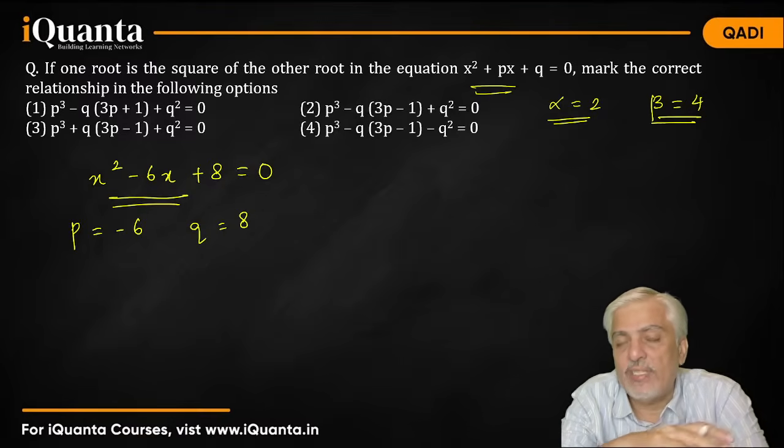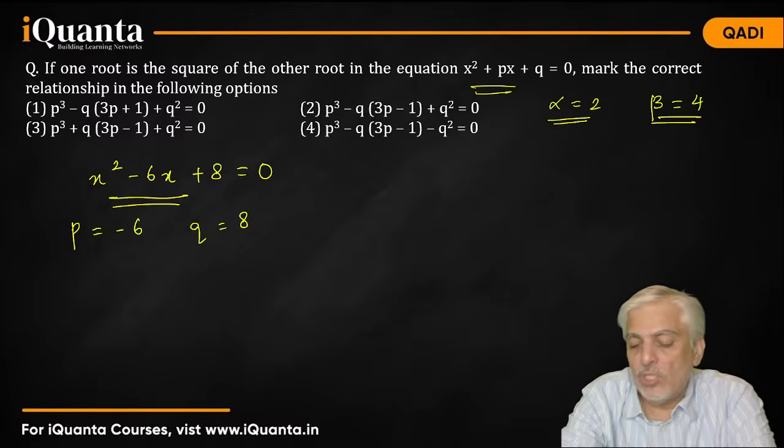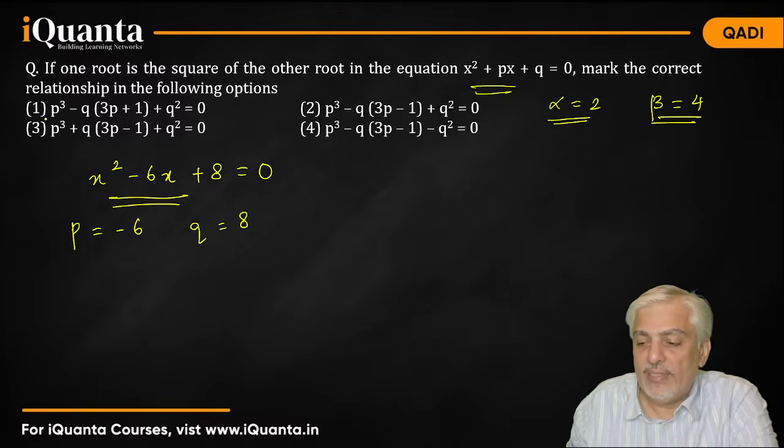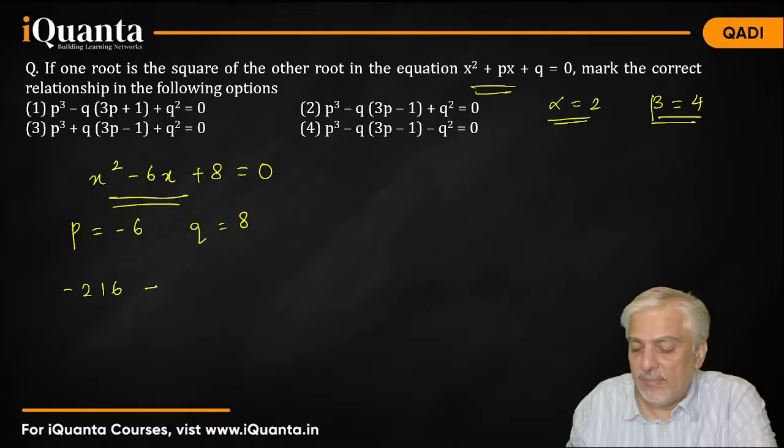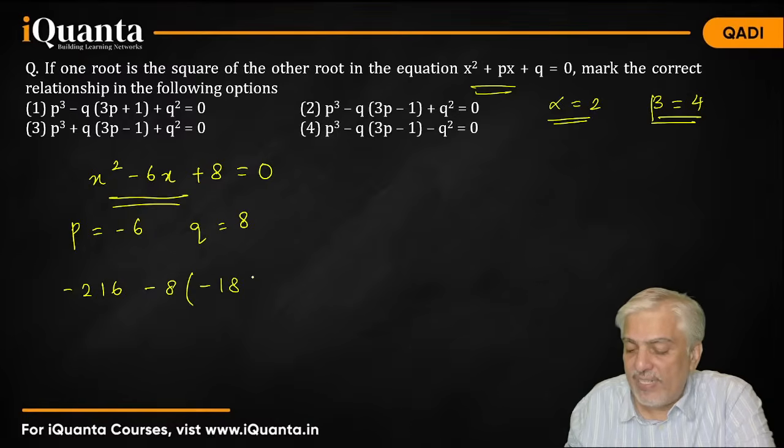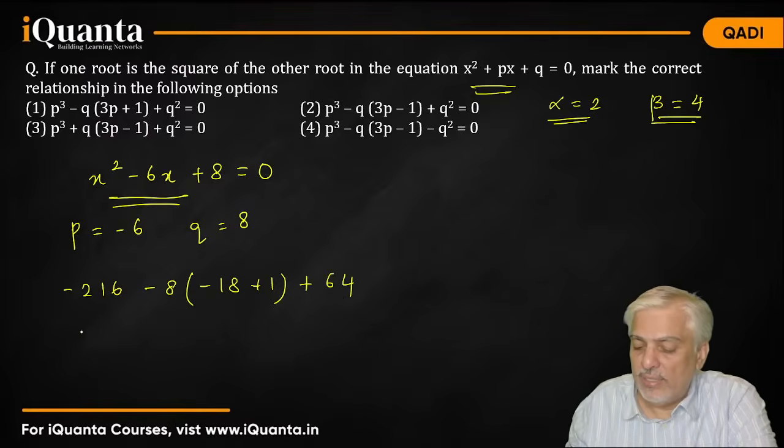And I'll start putting it in all the options. So if I put it in my first option, what do I get? I get negative 216 minus 8 into 3P plus 1. 3P is negative 18 plus 1 plus Q square 64. Does this answer come out to be 0? Let's check.